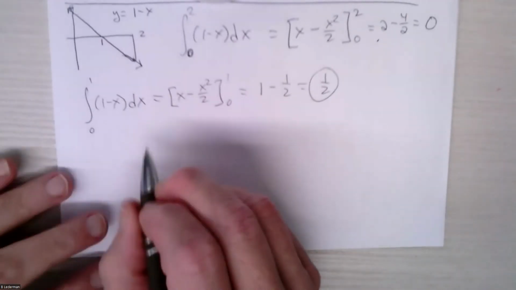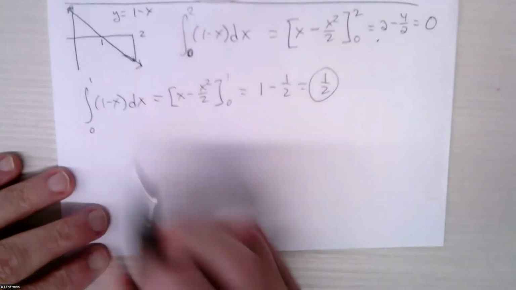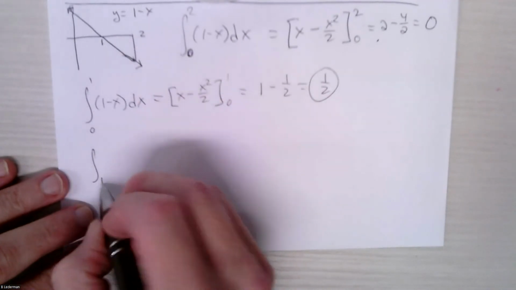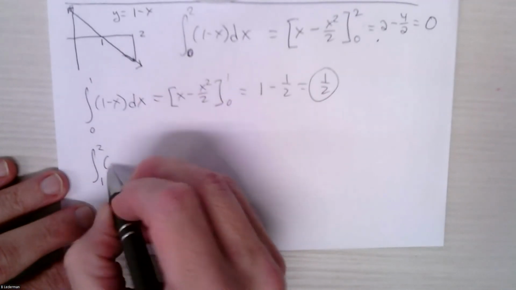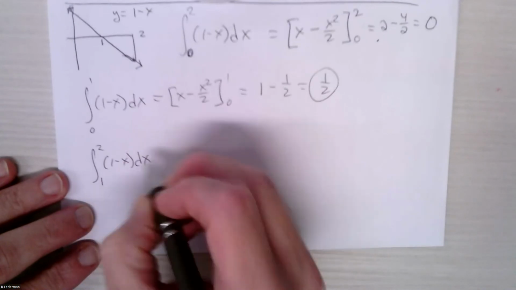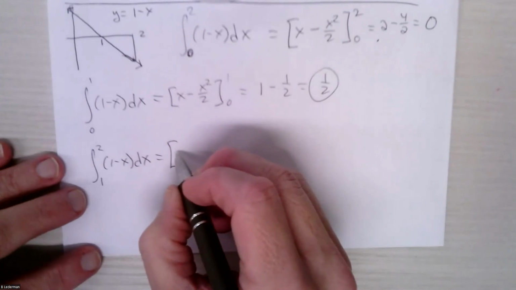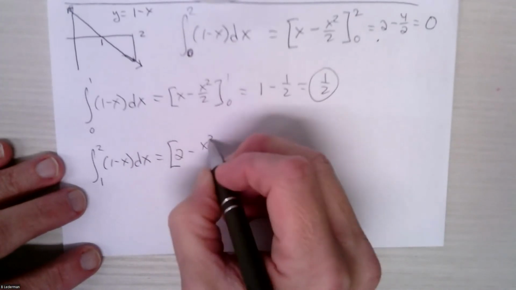Now let's do the other little triangle. It's the integral from 1 to 2 of 1 minus x dx, and again it's the same antiderivative, x minus x squared over 2.